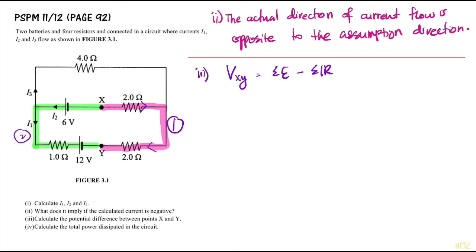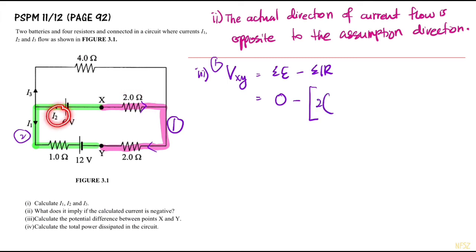Kita tengok EMF dulu. Sepanjang perjalanan yang first one ni, dia tak ada EMF. So EMF dia kosong. So minus. Dan mula jalan sini, dia nampak 2 ohm, dan dia punya current pula I2.